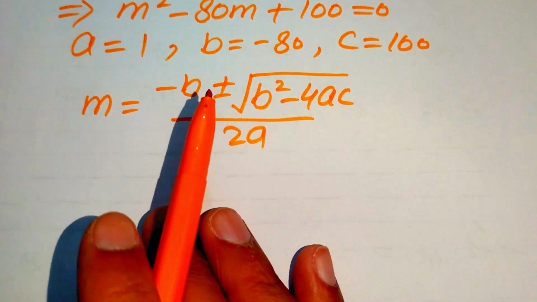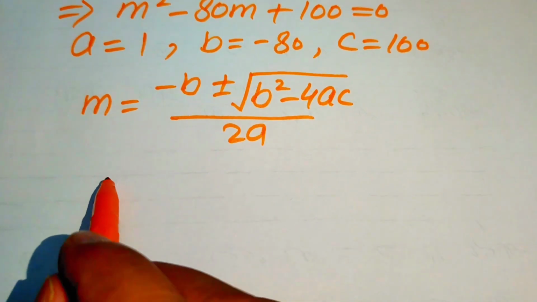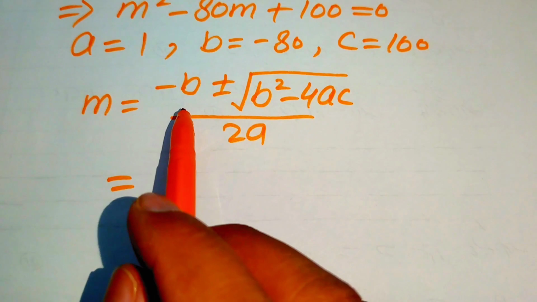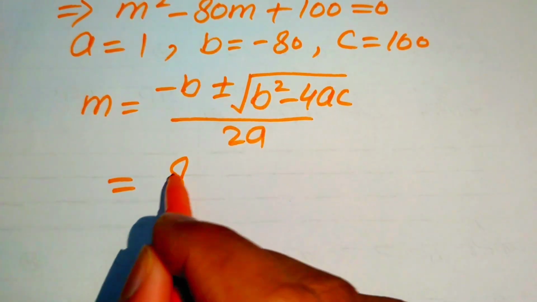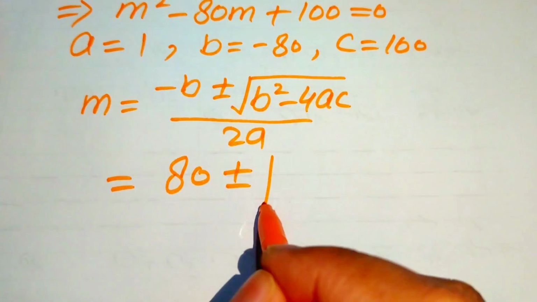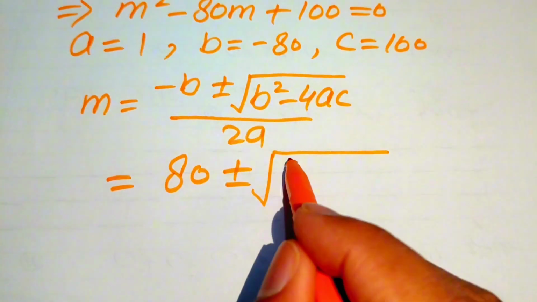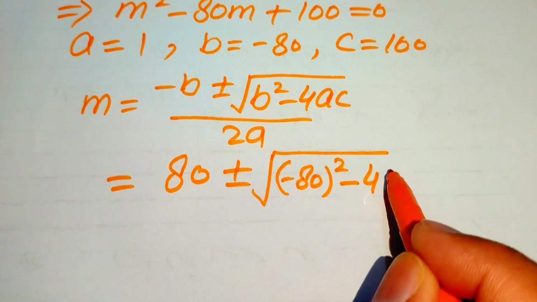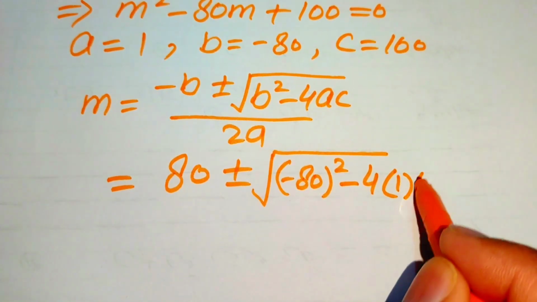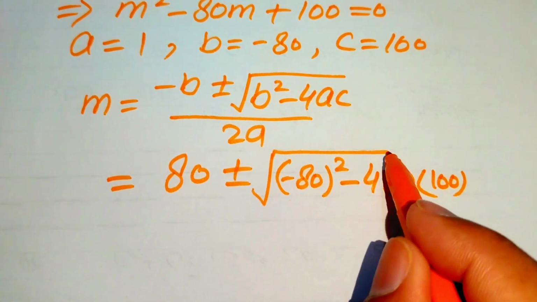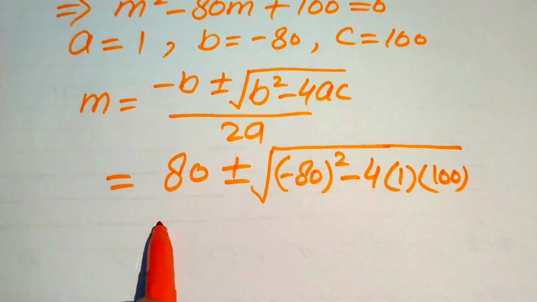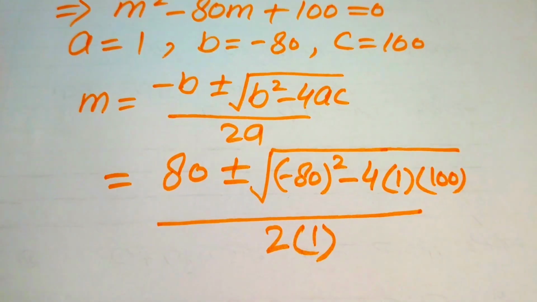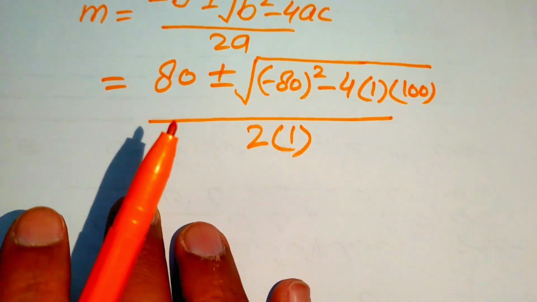And now we substitute the values of these coefficients here, and the value of b is minus 80. So when we substitute it here, this will become plus 80 plus minus square root of b square, so our b is minus 80 square, minus 4 times a is 1 and c is 100, square root, divided by 2 times a, and our a is 1.